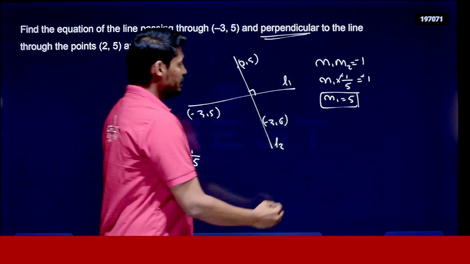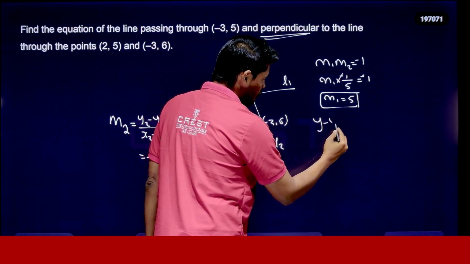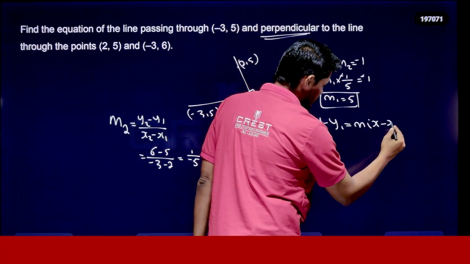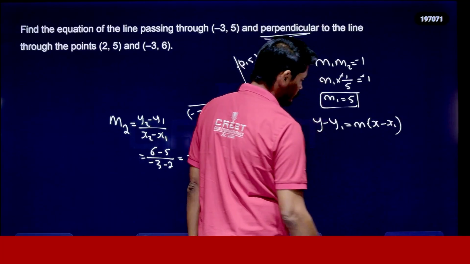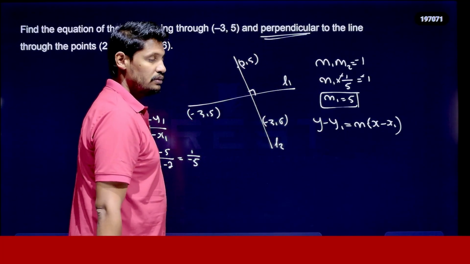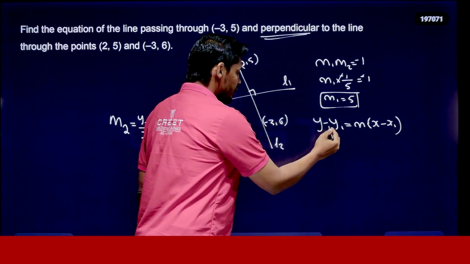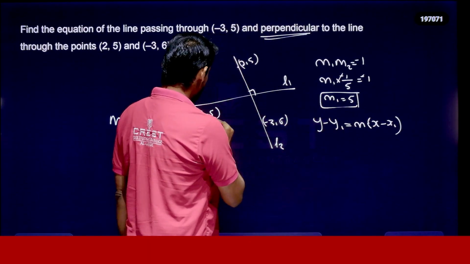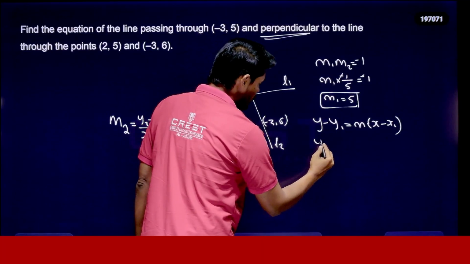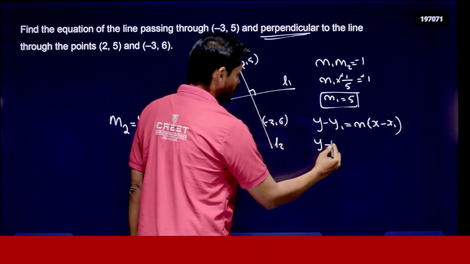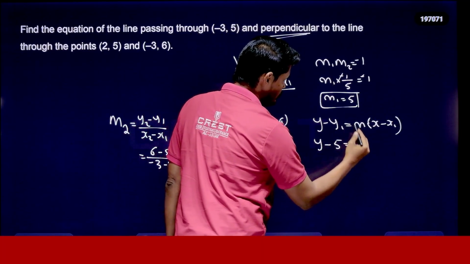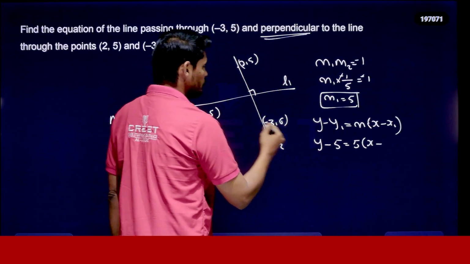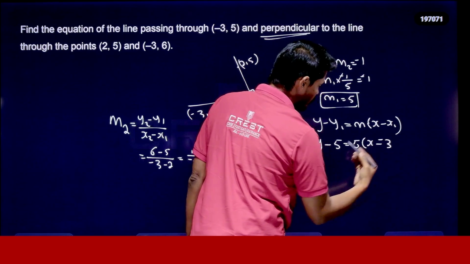Now we can apply the equation y minus y1 equal to m into x minus x1. That is the first form. We already know x1, y1 and m. So y minus y1, where y1 is 5, equal to m, which is also 5, into x minus x1, which is minus 3, so minus 3 becomes plus 3.